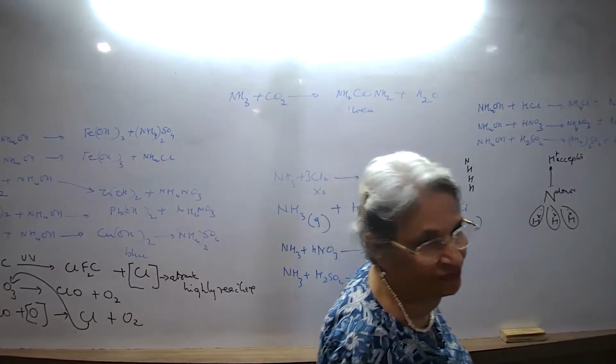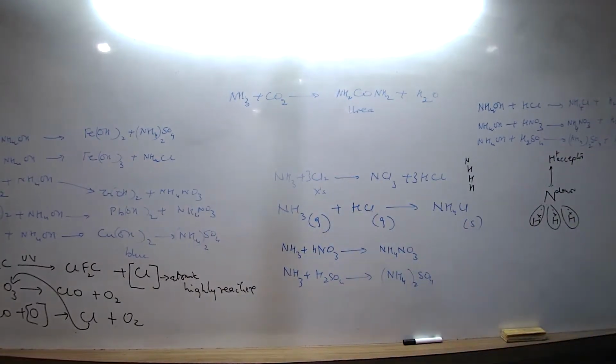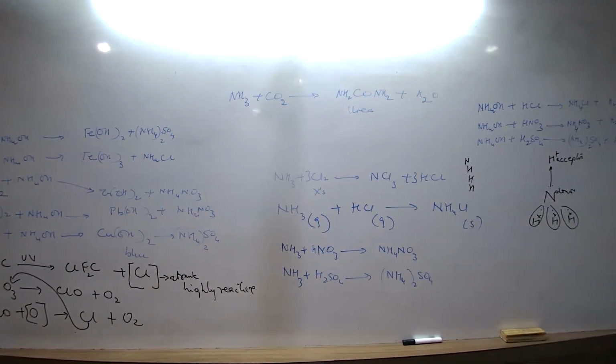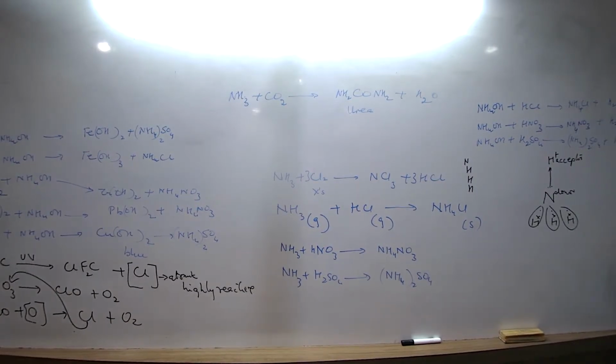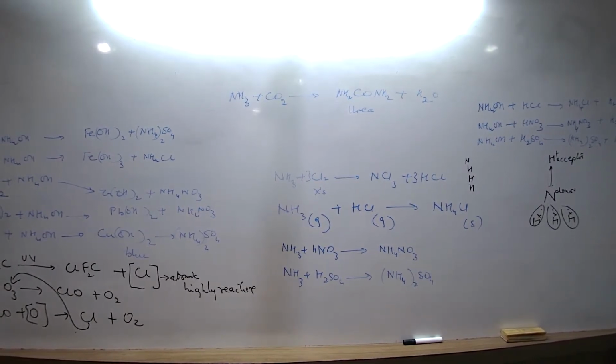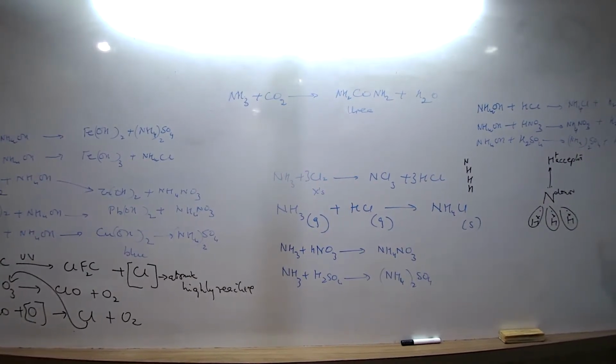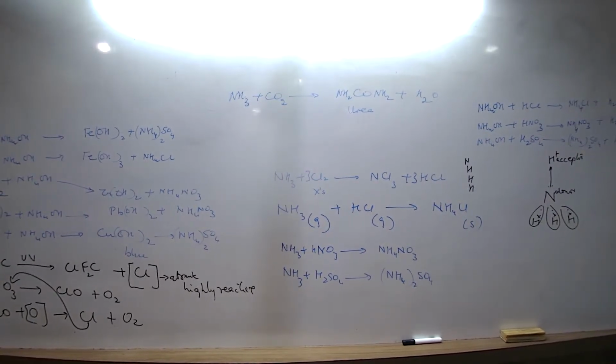Ammonium has 4 hydrogen atoms, ammonia has 3 hydrogen atoms. NH3 is a gas. NH4 is a radical. It has got a charge. This whole thing is positively charged. Hydrogen is a proton, so that charge goes on to the ammonium radical. Follow?